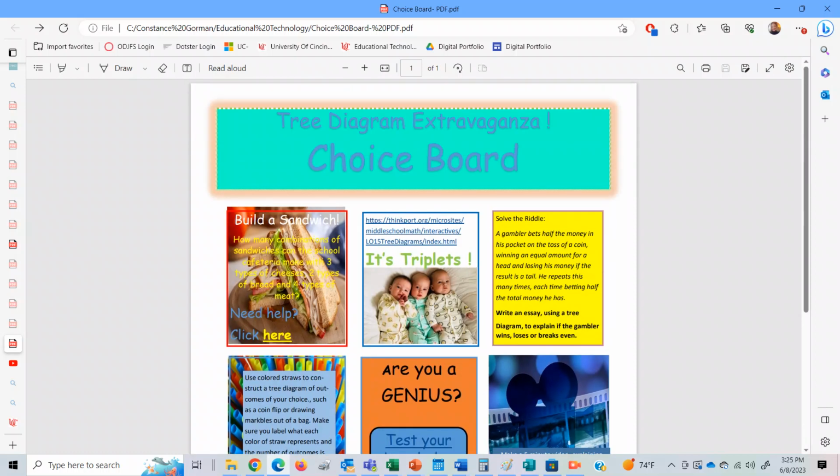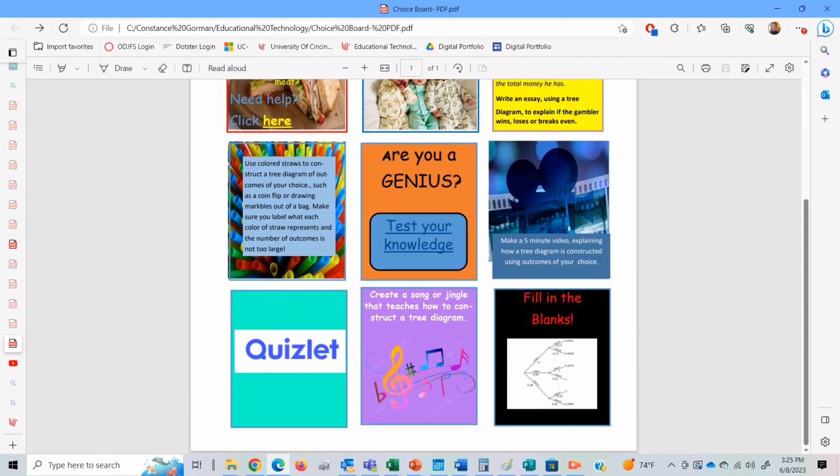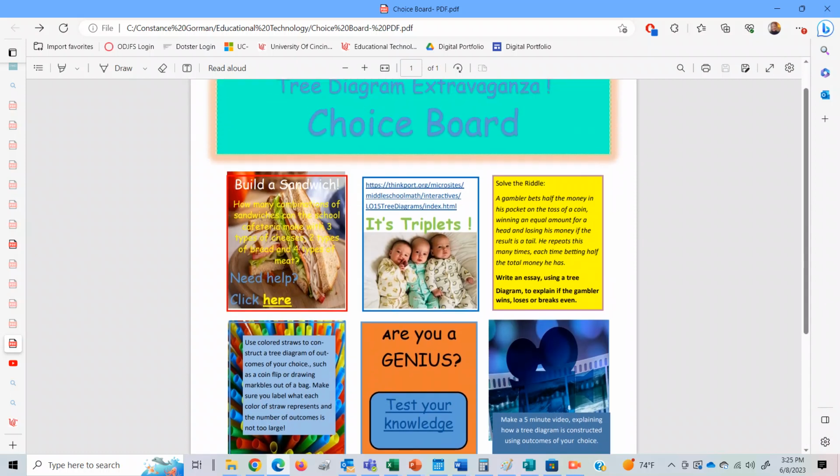Okay, so that is my choice board. So I'm looking at the questions I need to answer. Do the tools teach students to self-monitor their learning successes and struggles? Well, yes, definitely the Quizlet, because they get immediate feedback, whether they're right or wrong, with answering the question.